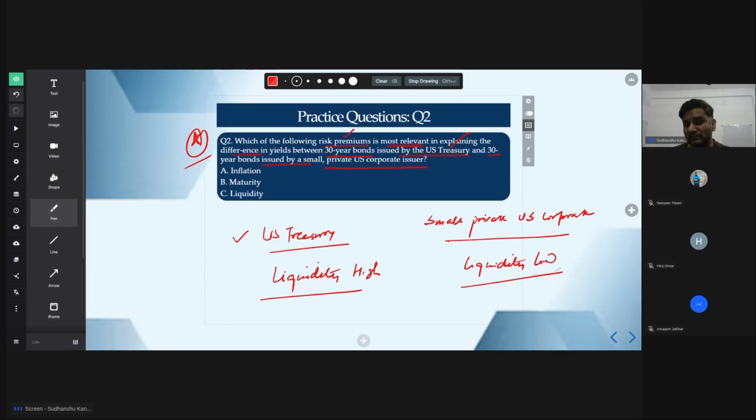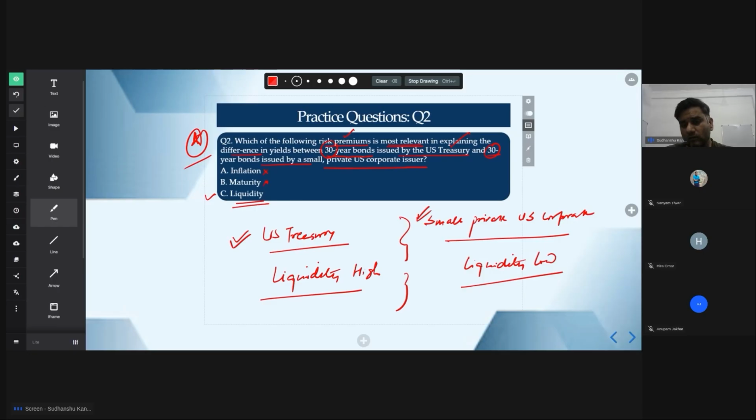So the basic difference is not inflation. The basic difference is not maturity. Maturity is the same, 30-year and 30-year. Difference is liquidity. If you are new to the world of finance, sorry, I didn't ask your backgrounds, but if you're new, you might face a little bit of issues understanding. But if you already know what it is, you will understand, right?